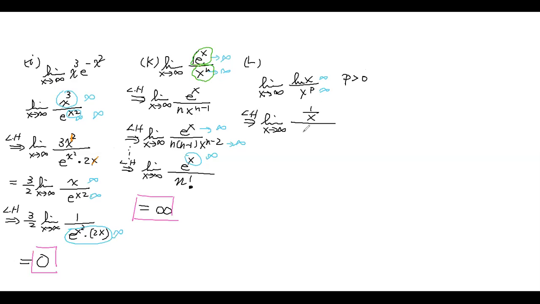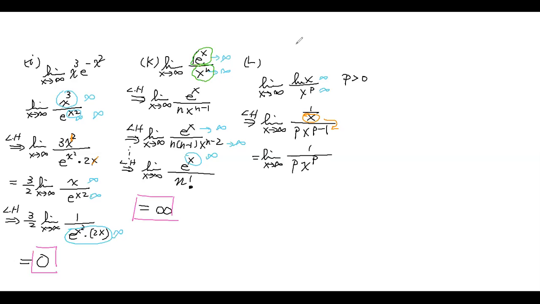Then for x^p, this will be p x^(p-1), right? Now, like we did before, you can combine this x into the denominator. So what do you have here? This is 1 over p, then x^(p-1) times x, so it will be x^p here.